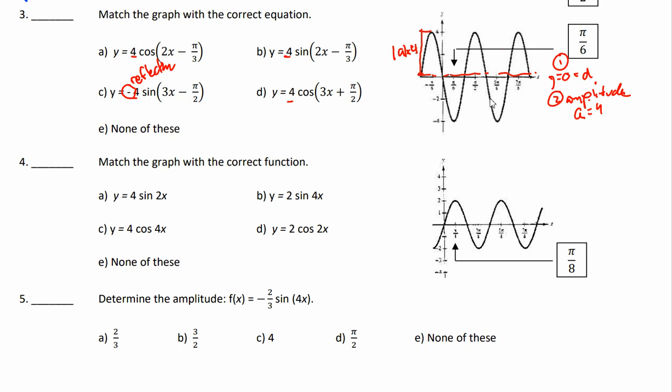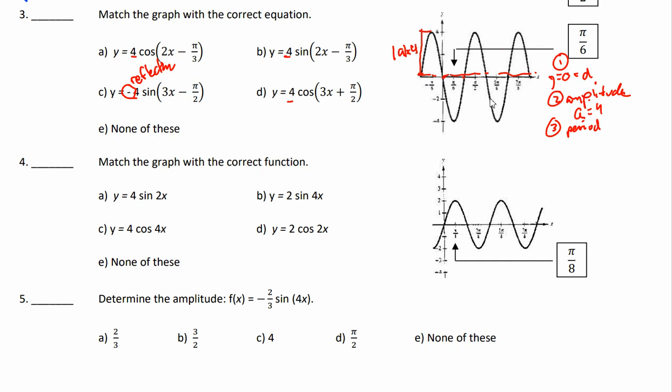Okay, so let's just figure this out. The next thing is, number 3, what is our period? Looking at our period right here, we can see that this is pi over 6. This is going to be 2 pi over 6, and this is going to be 3 pi over 6, which is pi over 2.